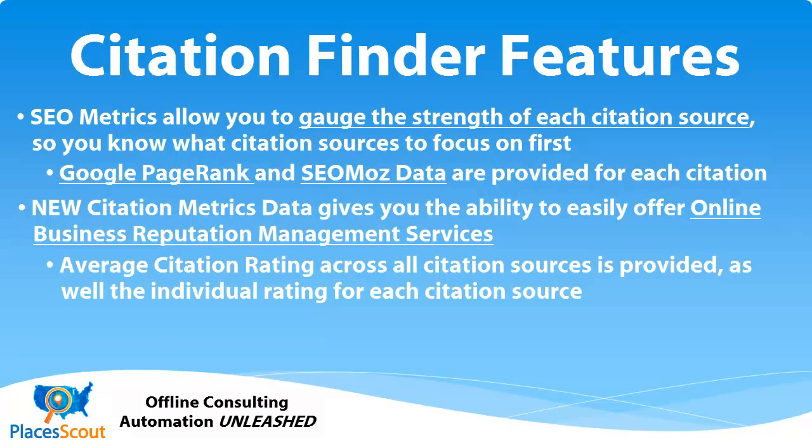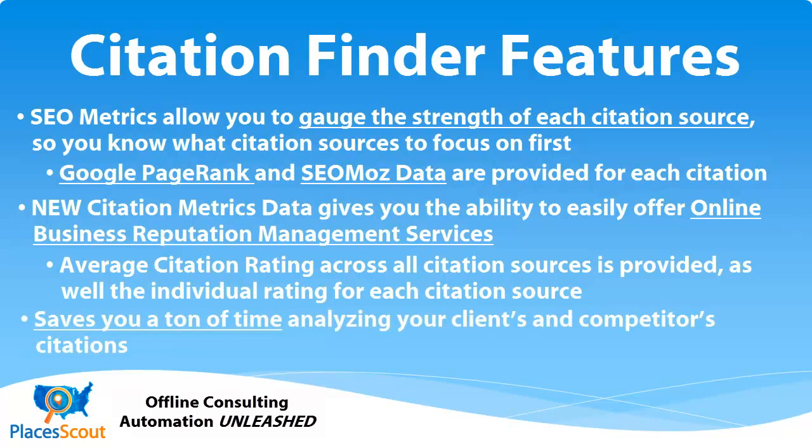These sources are hyperlinked so you can easily read all the reviews and leave reviews for your business as well. All this was designed to save you a ton of time in analyzing your clients and your clients' competitor citation sources and get a good top-level overview of each business's citations and their average ratings across all the sources. So let's get started so I can show you all these great features that Places Scout Citation Finder has to offer.